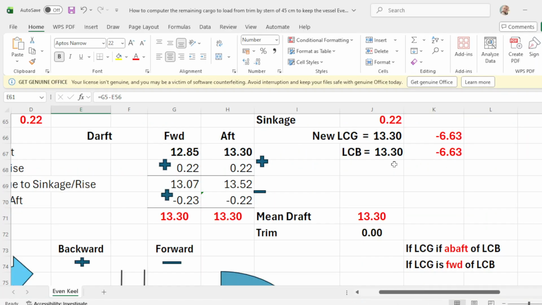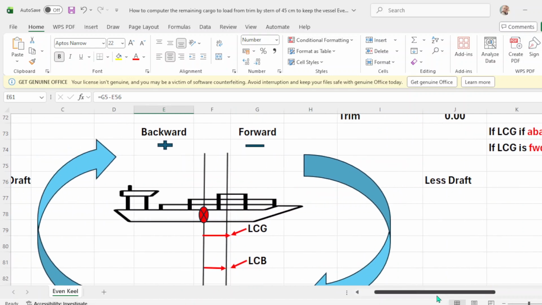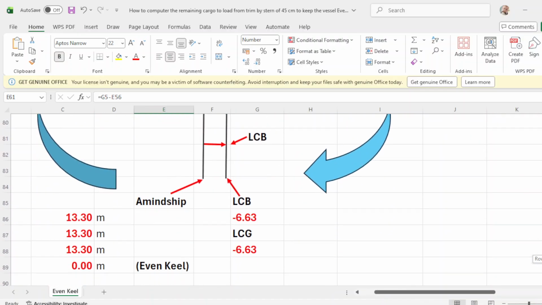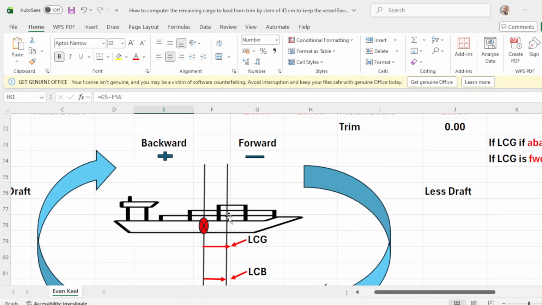Since your LCB is negative 63, from your amidship, this is your amidship, this one. You will measure from amidship going forward, that is negative, and measuring from amidship going backward, that is positive.